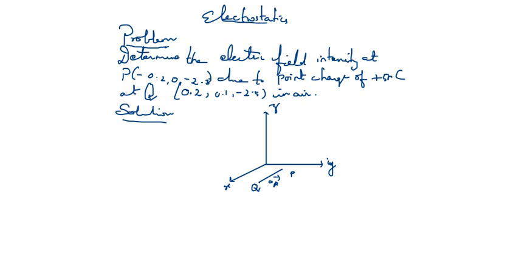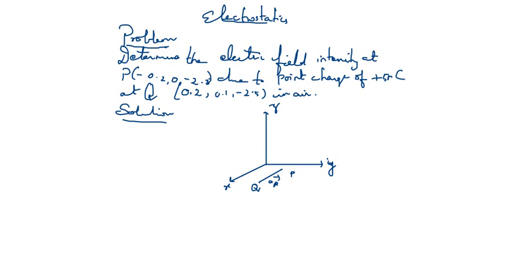Determine the electric field intensity at the point P due to the point charge of 5 nanocoulomb at Q. The point is given inside air. We have drawn it as a diagram.